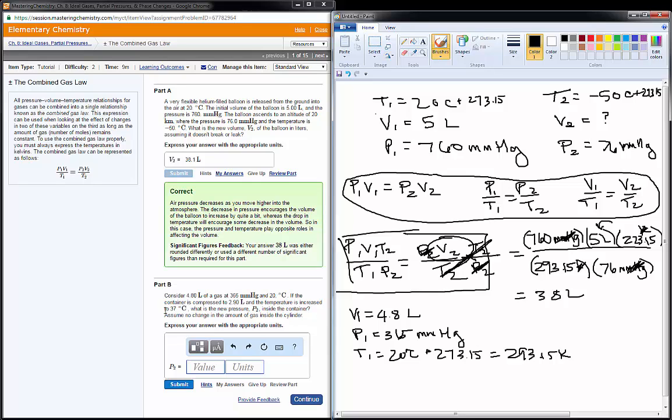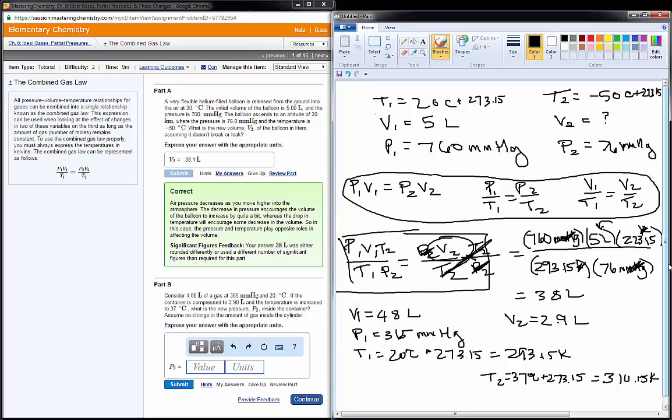And finally, we see our temperature increases to 37 degrees Celsius. So T2 equals 37. Add that to 273.15, and it looks like we're going to get 310.15. And the container is compressed to 2.90 liters. So V2, 2.9 liters. And they want to know what P2 is.